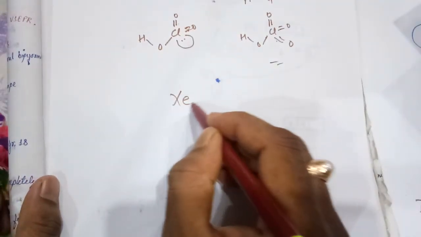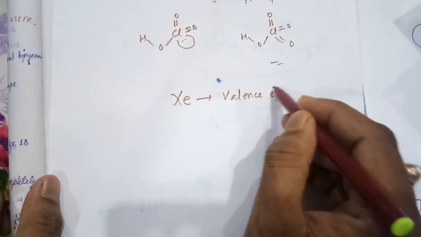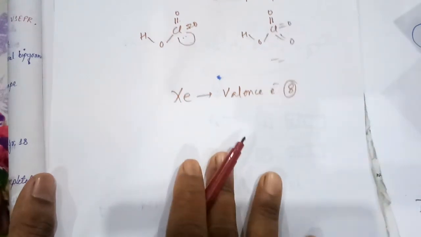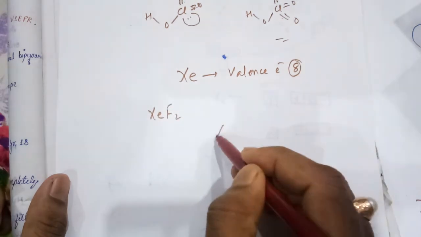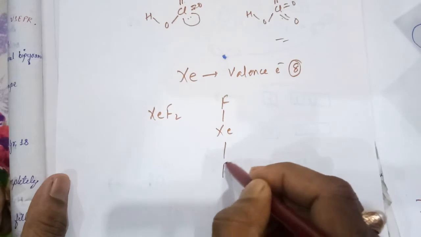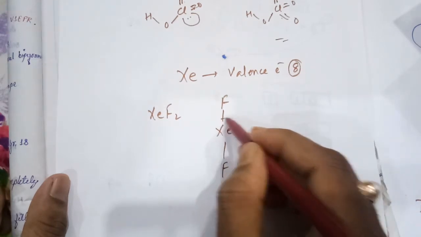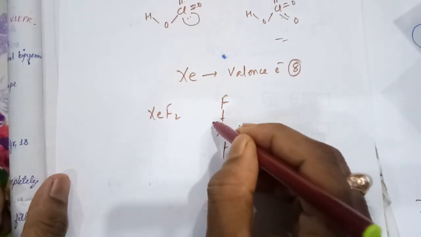Xenon has 8 valence electrons. If I want to draw xenon fluoride, xenon forms a bond with 1 fluorine and another bond with another fluorine. So 2 electrons are utilized out of 8 electrons, and we are still left with 6 electrons.